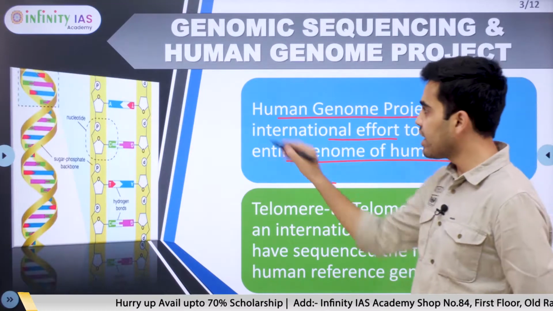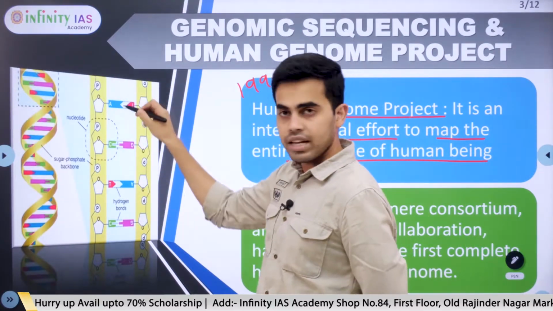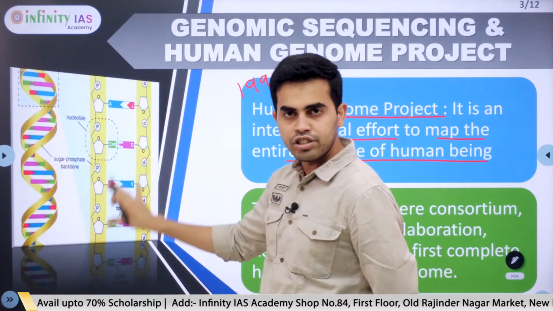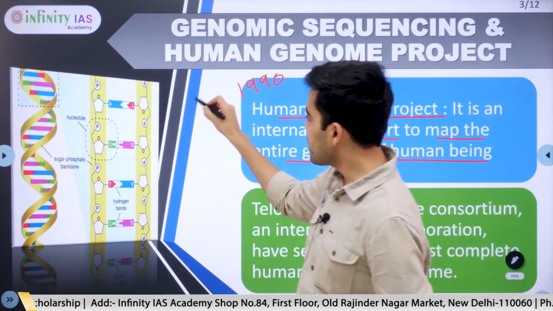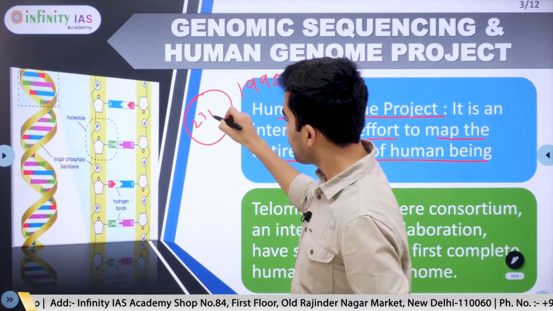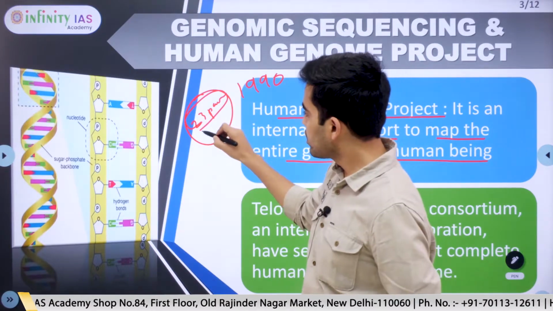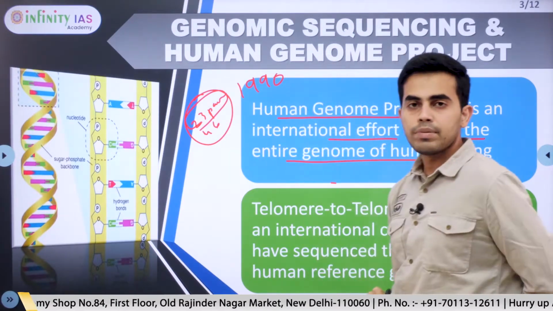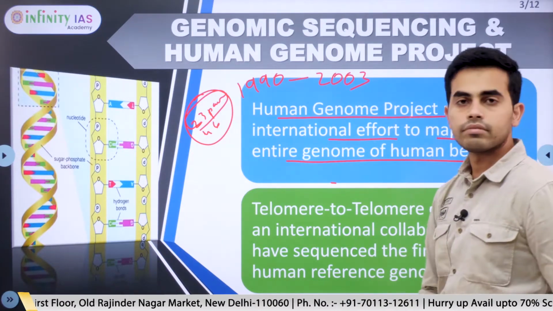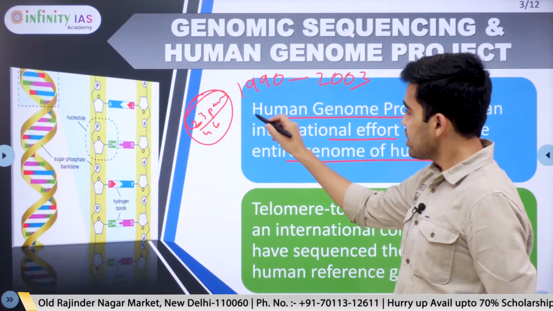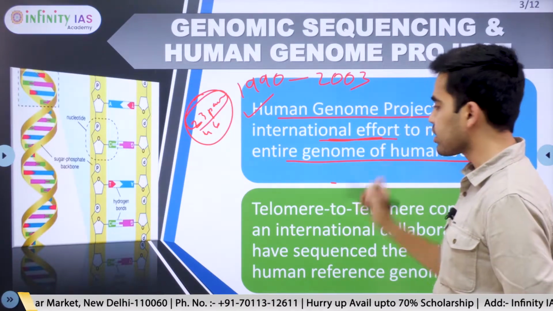It was started in the 1990s to map the sequence of base pairs, that is genomic sequencing of the entire human genome, all the 23 pairs of chromosomes, that is 46 chromosomes. It was completed in 2003. This is the first such project and it is an international project.